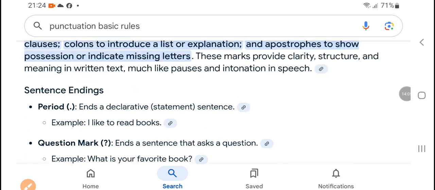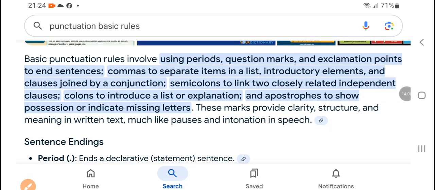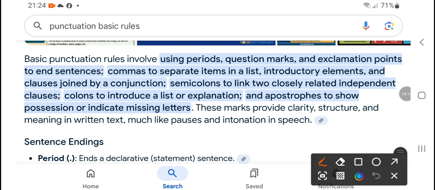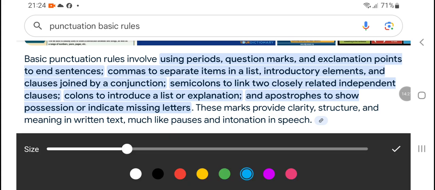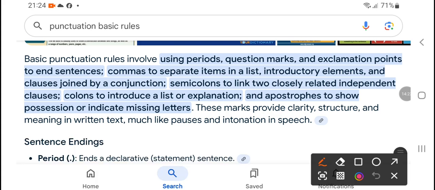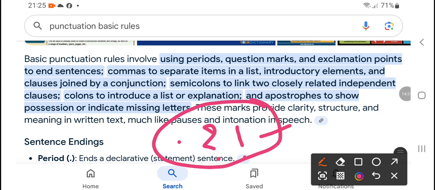So here we have seen the basic punctuation rules. We have seen the dot, the question mark, and the exclamation mark. These 3 signs are for ending sentences: a sentence ends with either a dot, a question mark, or an exclamation mark.